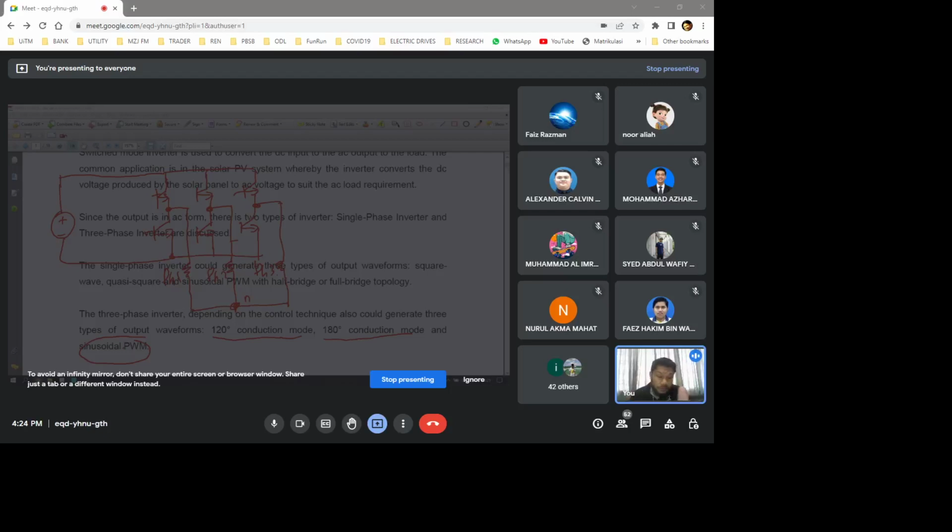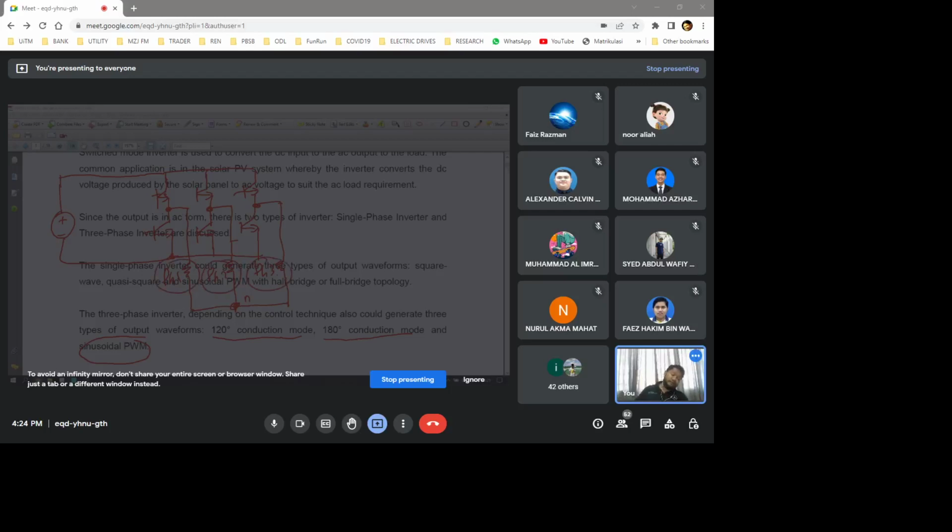But for the three phase inverter, you're only going to learn one single circuit, the three phase active inverter here. You have 6 switches here, and then the center of each leg will be connected to the output resistor. So now we have phase 1, phase 2, phase 3.